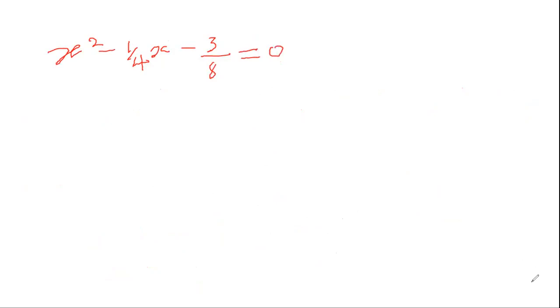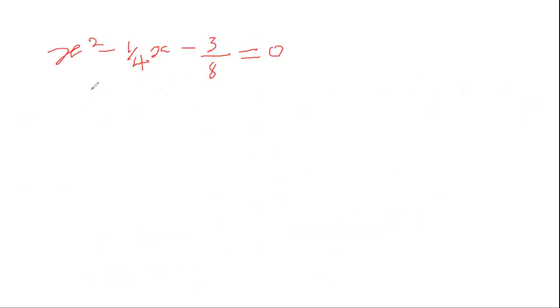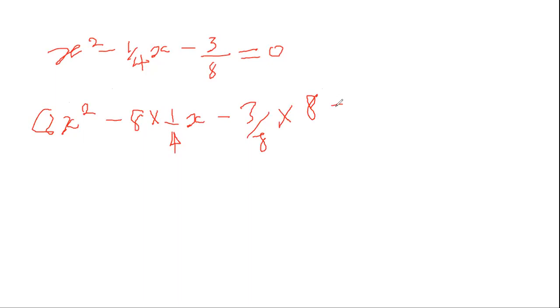Let me just cross check to find out if I've written the exact thing. Yes. So here we are going to multiply every term by 8 to remove the fraction, and that would be 8x squared minus 8 times 1 over 4 x minus 3 over 8 times 8 is equal to 0 times 8.